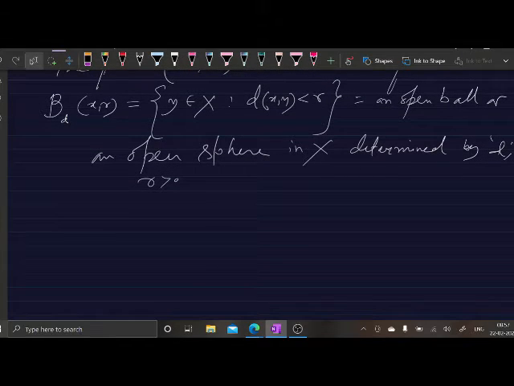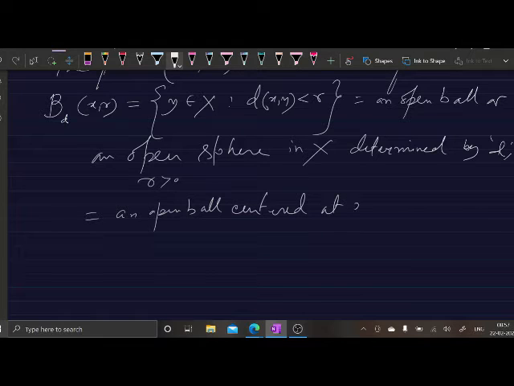So for each r it is an open sphere. This is called an open ball centered at x with radius r greater than 0.